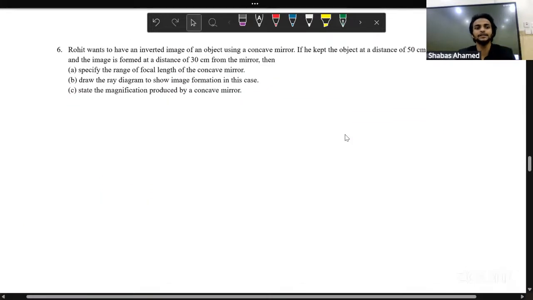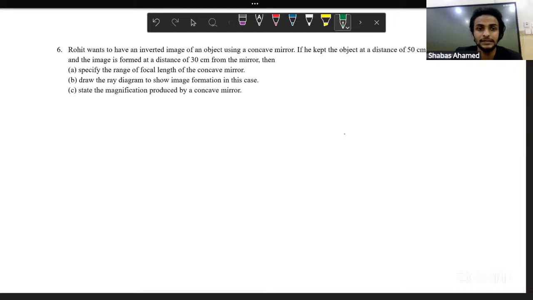Now going to the next question. Rohit wants an inverted image of an object using a concave mirror. If he kept an object at 50 centimeter from the mirror, so the object distance is given, and the image is formed at 30 centimeter from the mirror, then specify the range of focal length.